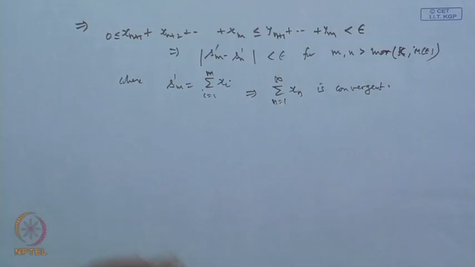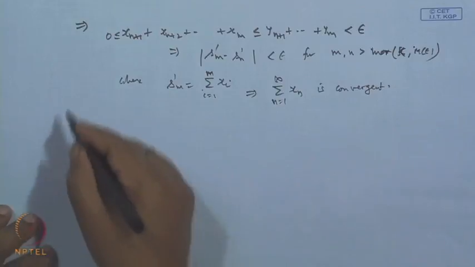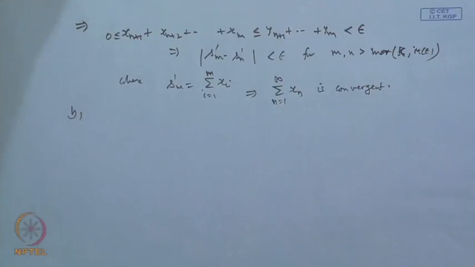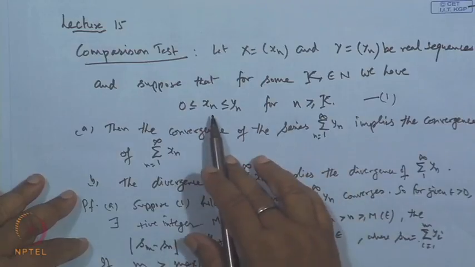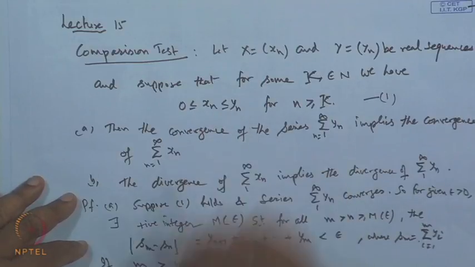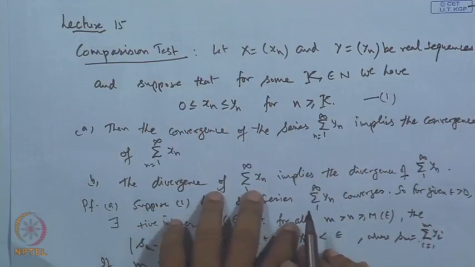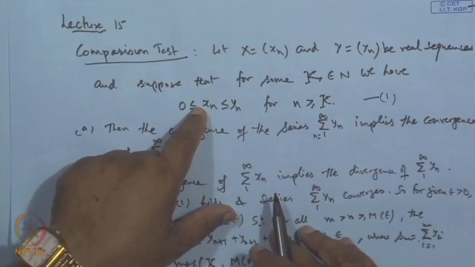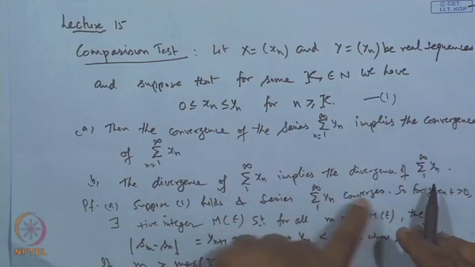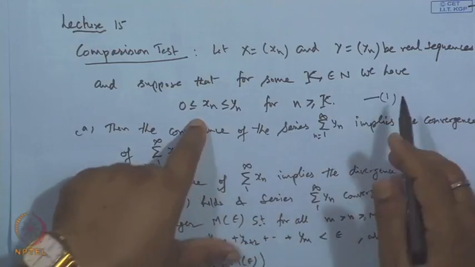Okay. So, the proof is very simple. The statement B follows from the first. It follows from what it says: if the series diverges, then sigma b_n diverges. Suppose the given series sigma x_n is a divergent series, and let this series sigma y_n converge, but the relation 1 also holds.